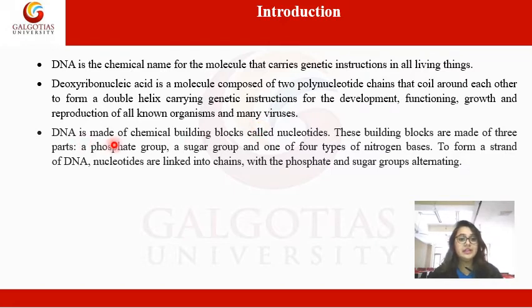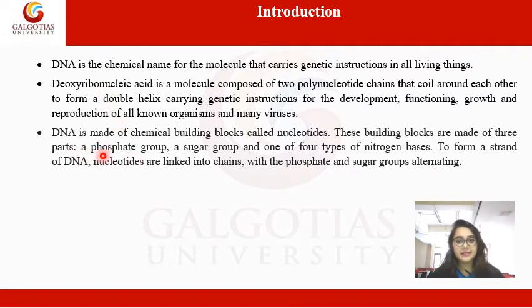Right. So DNA is made up of chemical building blocks called nucleotides. These building blocks are made of three parts: a phosphate group, a sugar group, and one of four types of nitrogen bases. To form a strand of DNA, nucleotides are linked into chains with phosphate and sugar groups alternating.